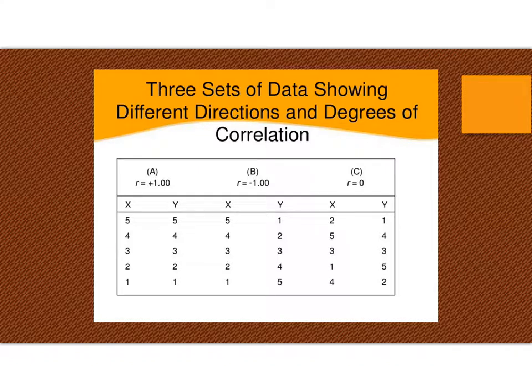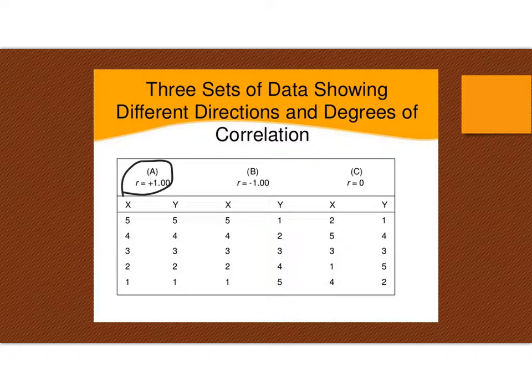So we're going to look at 3 sets of data here. And this is probably one of the easiest ways to get a visual. Very simple. You'll see that there's a 1 right here. Okay? Positive 1. You can see that X and Y, these are not different people. These are different times. So X is one time and Y is another. 5, 4, 3, 2, 1, 5, 4, 3, 2, 1. You got a positive. Okay?